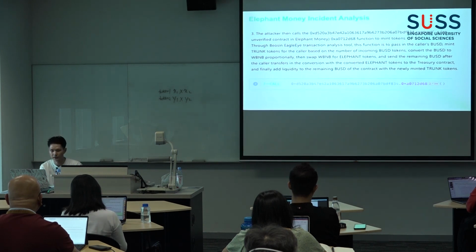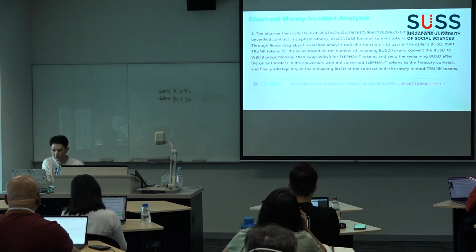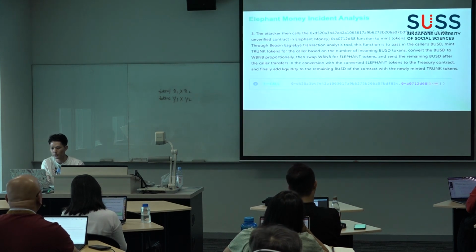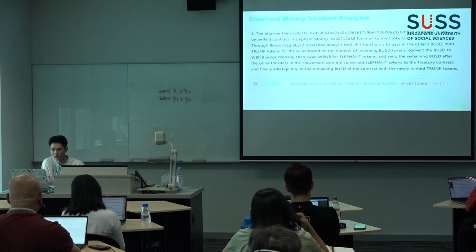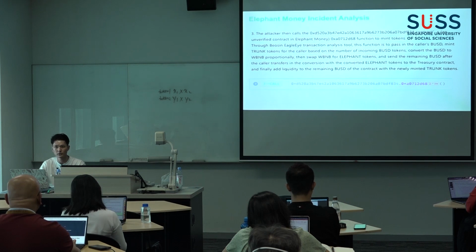The Elephant project also has an unverified contract. That means it's closed source. You can only see the bytecode. The attacker calls this contract. You might wonder how an attacker can interact with a closed source contract.